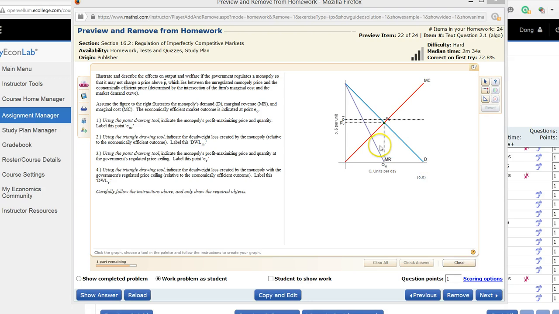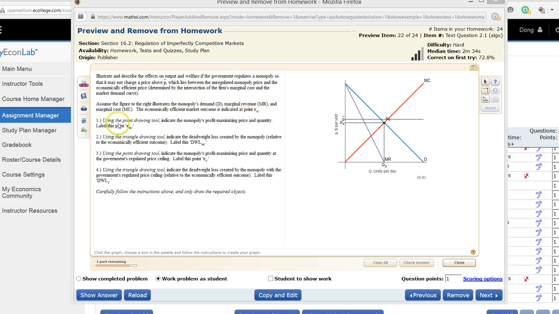So that's the economically efficient price and quantity equilibrium point. This regulated price lies above that, but below the unregulated monopoly price. Assume the figure to the right illustrates the monopoly's demand, marginal revenue, and marginal cost. The economically efficient market outcome is indicated at point E0.